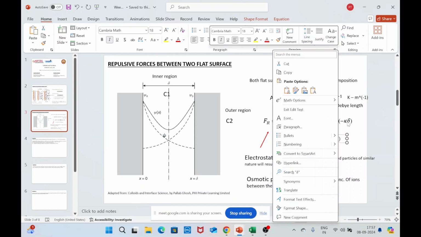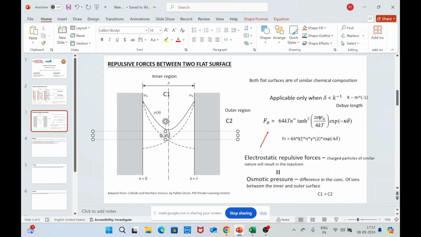Gamma at delta by 2 governs the repulsion between two flat surfaces.